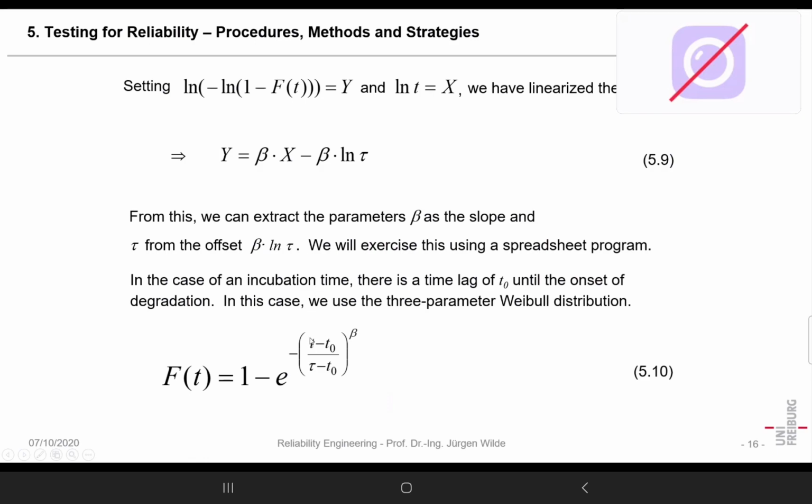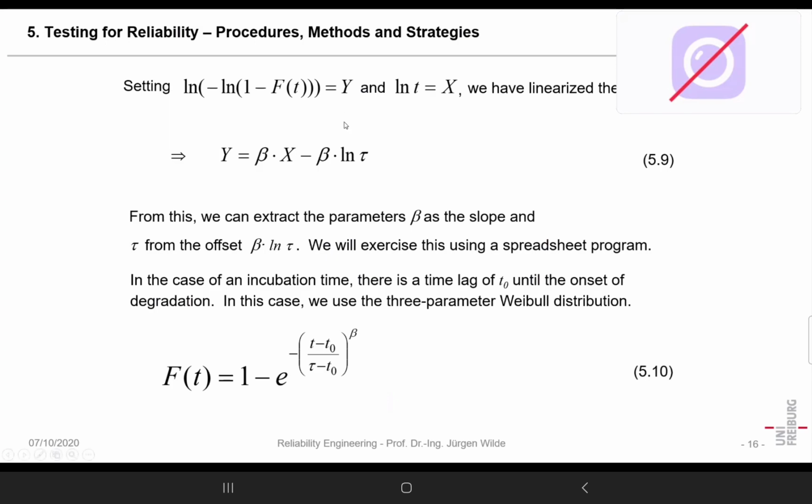Sometimes we take a 3-parametric Weibull distribution. Here we take an initial, you could say, some kind of lag time before it starts. So for instance, you think that the process started here, but in fact, it really didn't start here.